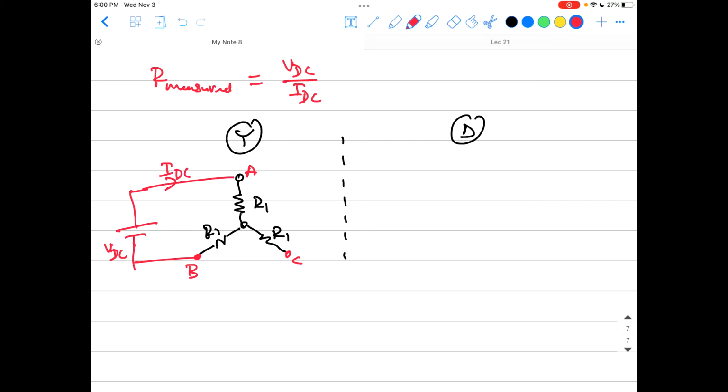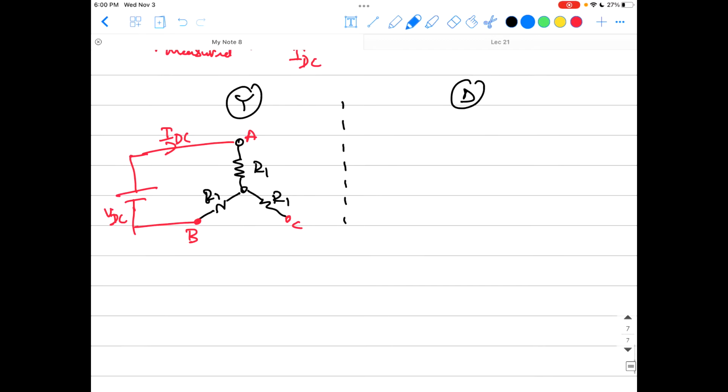So if you divide VDC by IDC, you will be having the total resistance seen between those two terminals. Like you see in here, the current will be moving in those two resistances, R1 and another R1, because this now is open, C1.